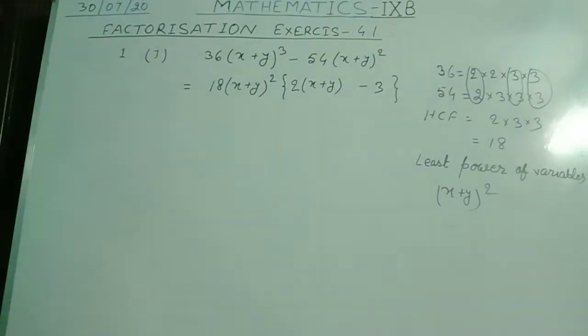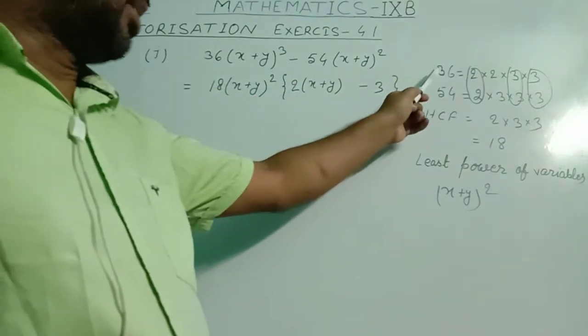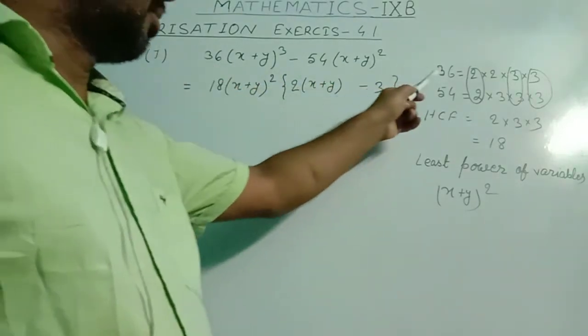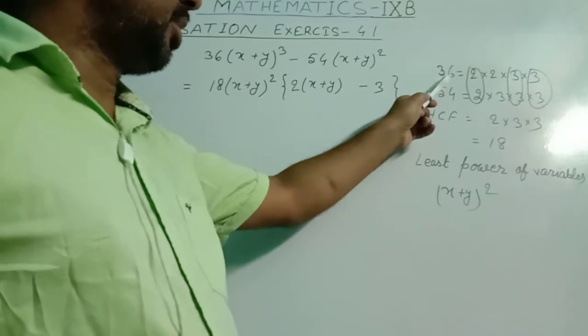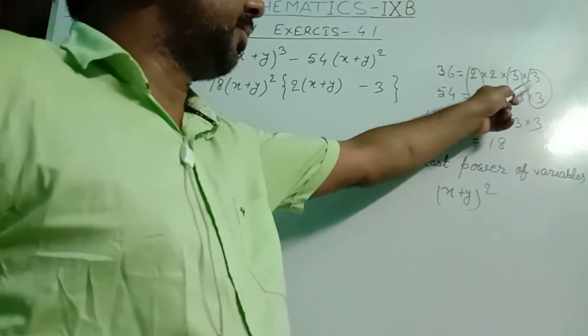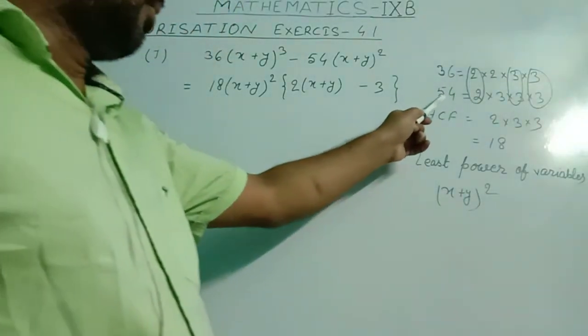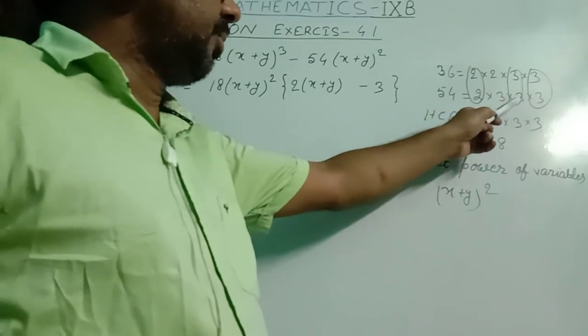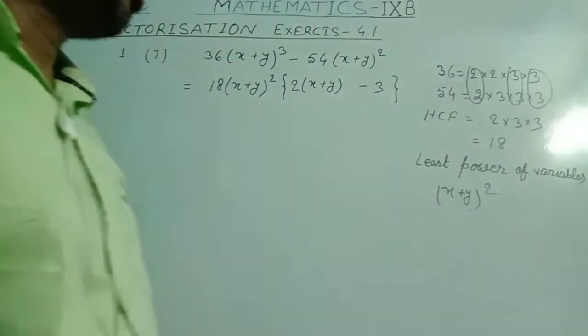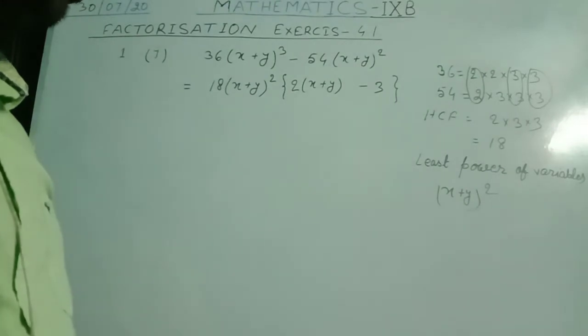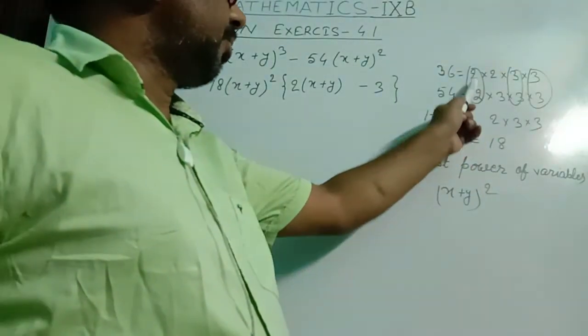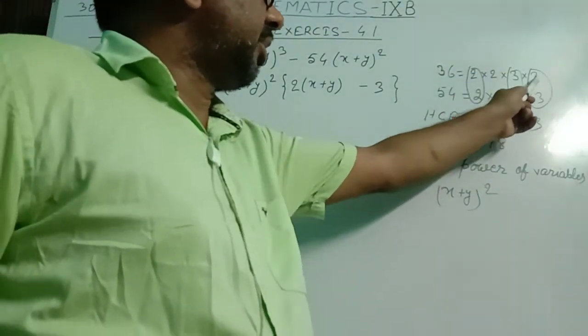As you have separated it, find the HCF of the constants 36 and 54. 36 you can write as 2 into 2 into 3 into 3, and 54 as 2 into 3 into 3 into 3. HCF is the common factors of both numbers: these 2 common, these 3 common, and these 3 common.